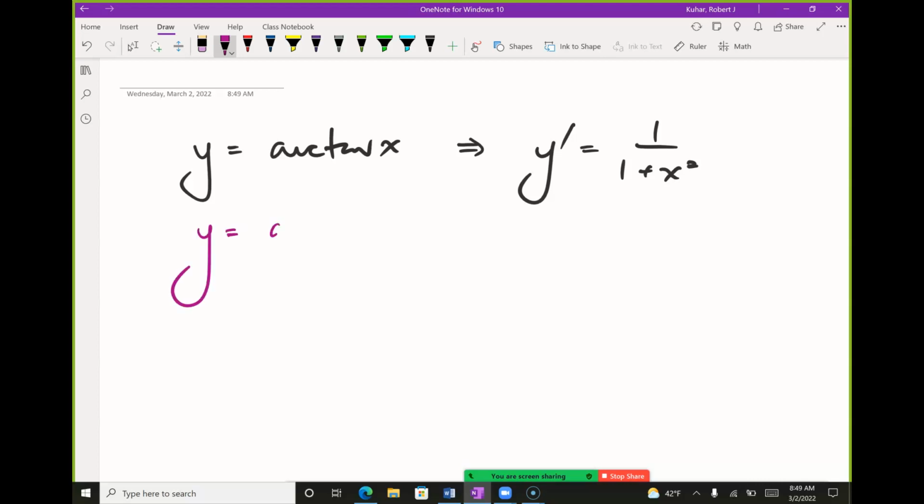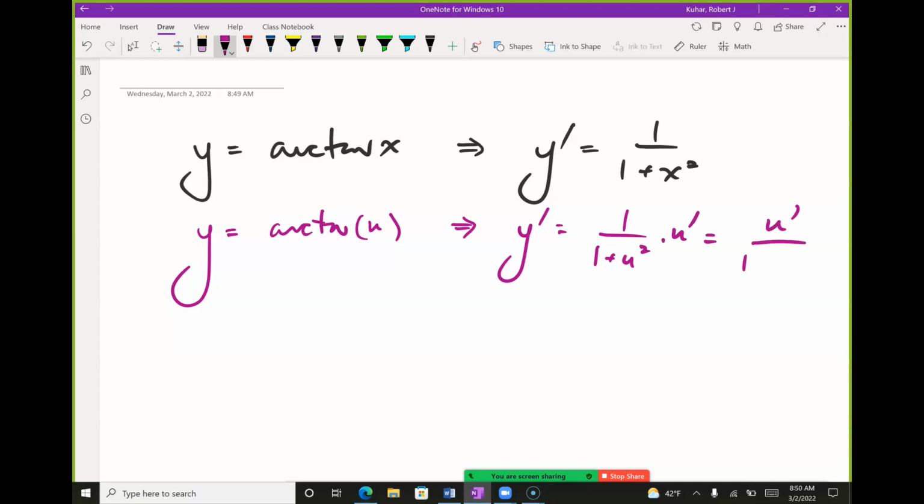So y equals the arctan of u gives me y prime is the derivative of arctan evaluated at u times the derivative of u. So 1 over 1 plus u squared times u prime. And of course, I could just put the u prime upstairs.